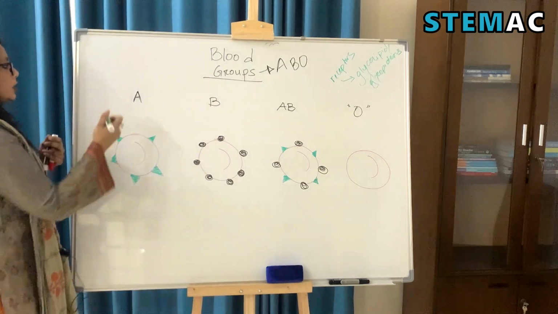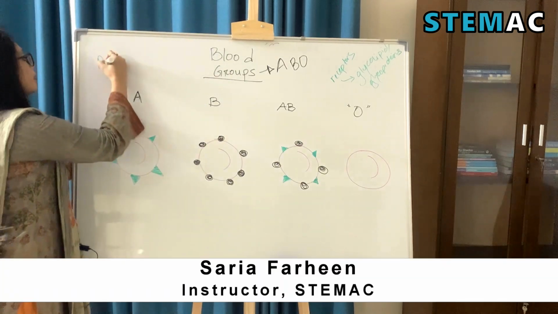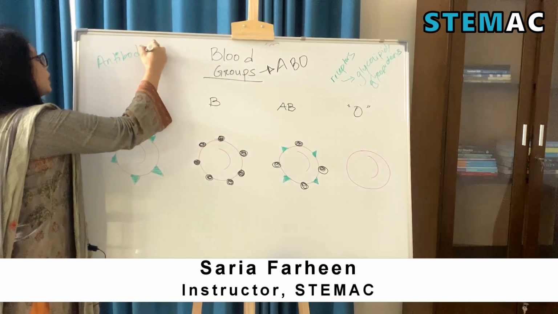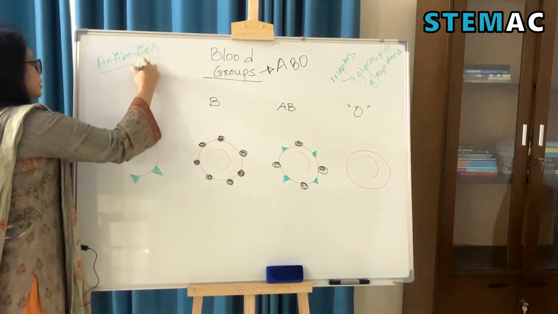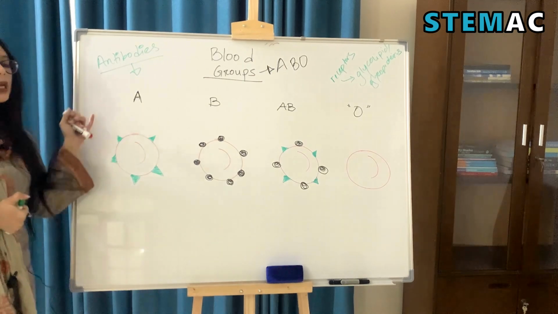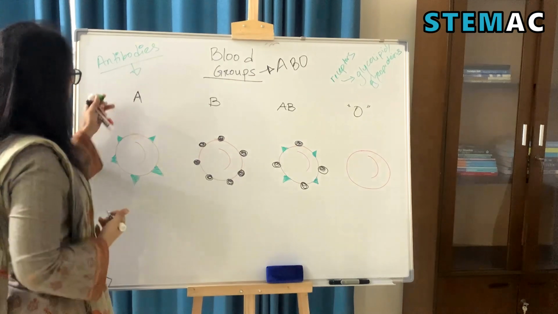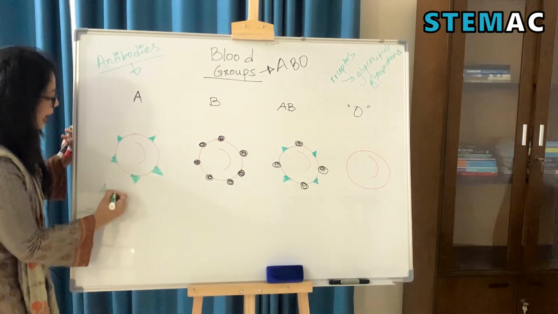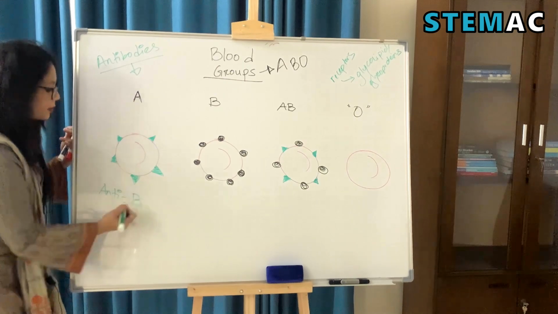Along with the antigens, our blood system also has antibodies. We have certain kinds of antibodies depending on the kind of antigen we have in our body. So if it's blood group A, then we would have the anti-B antibody.